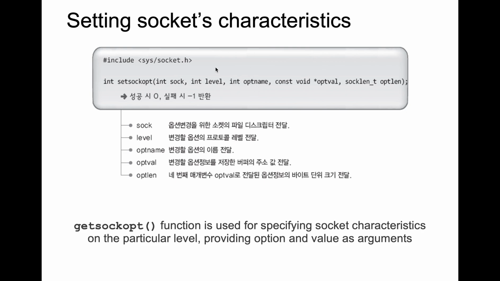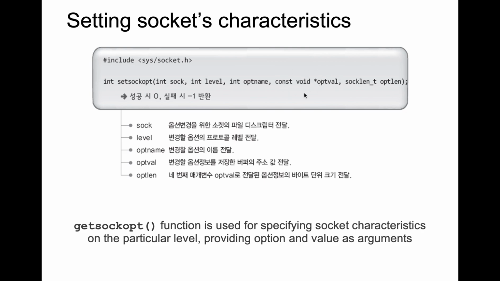After specifying which socket you want to modify, which level, and which option, you have to provide the values that you want to assign. That's why the value must be a const void pointer option value. That means you're passing a value.